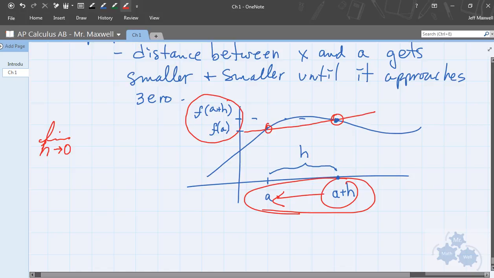And so if we do that, we're still finding slope, so we have 2 points involved. We have f of A plus h is kind of the y2, right? That's the y value for this point, minus f of A, that's the y value for the first point, divided by A plus h, the x value of the second point, minus A.